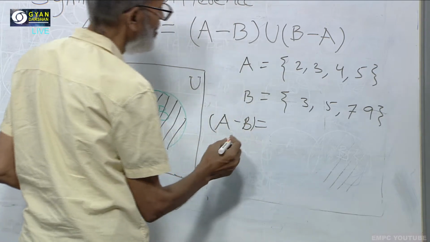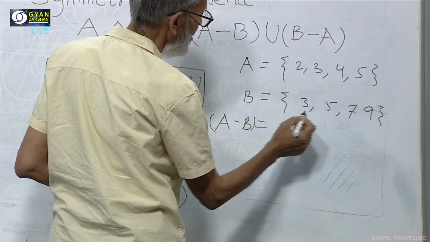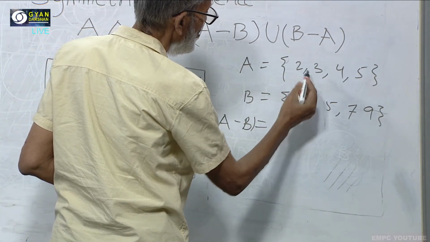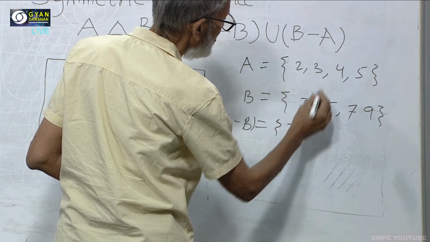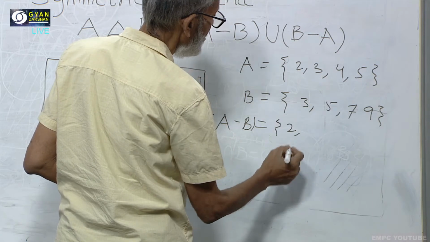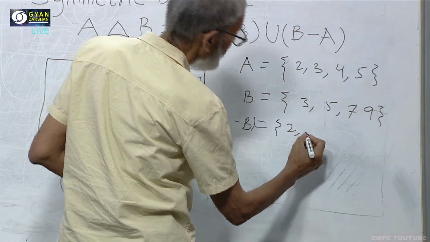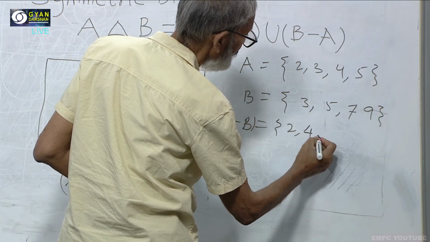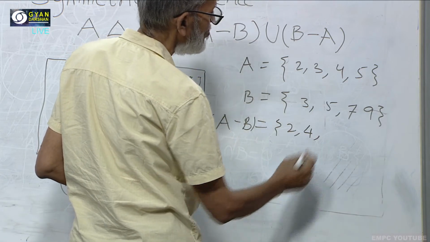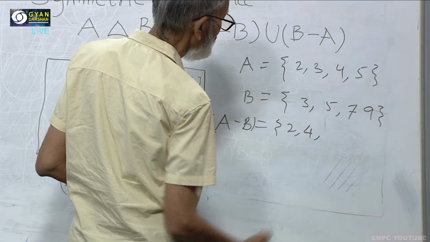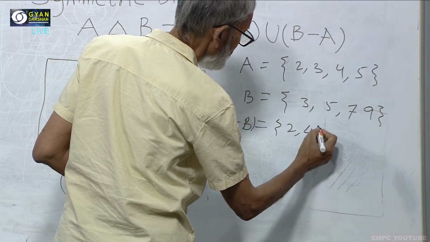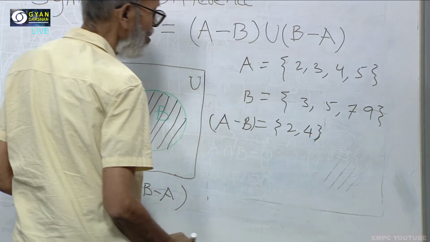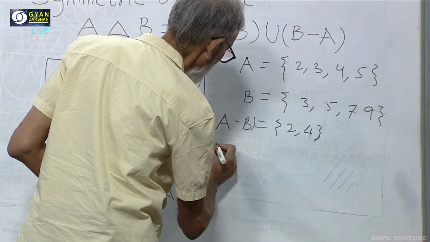A minus B will be the elements present in A, but not in B. So, 2 will be there, 3 will not be there because 3 is present in B, 4 will be there, 5 will not be there, 5 is present in B. So, 2 and 4 will be A minus B.